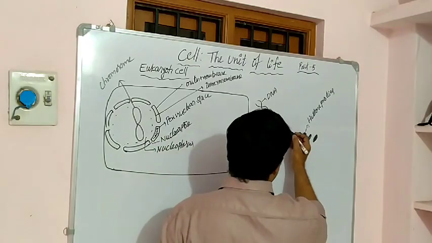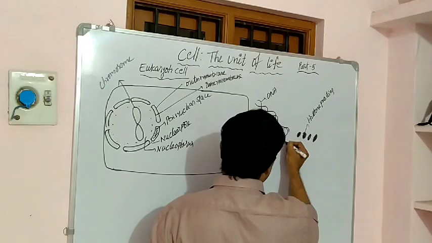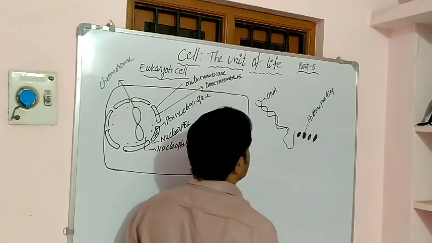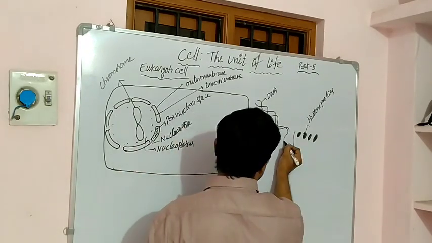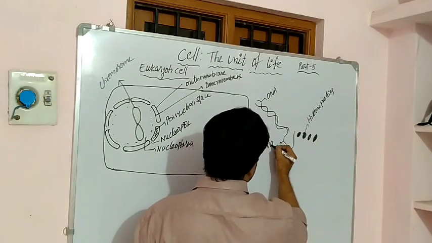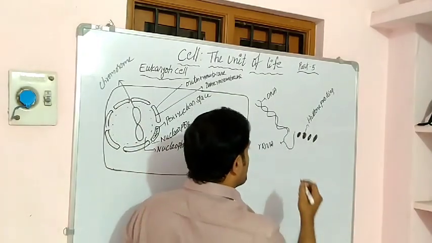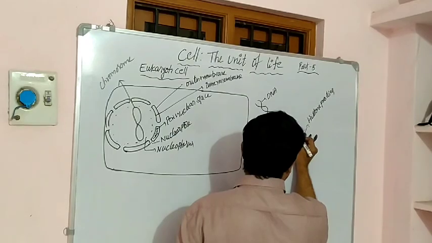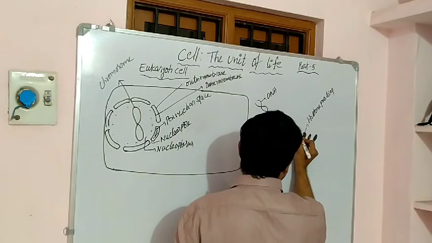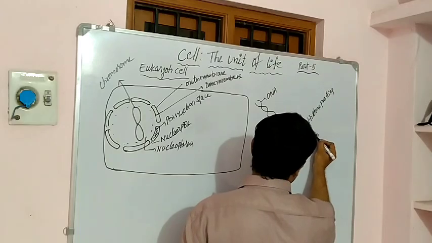Some portion of the DNA is modified into RNA like this. Which type of RNA? rRNA. Some portion of the DNA is converted into rRNA, and this RNA traps and covers the histone proteins.